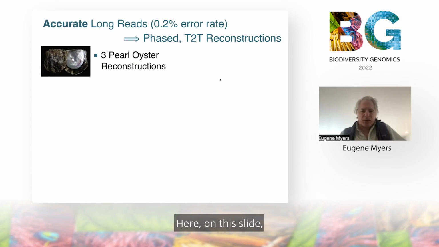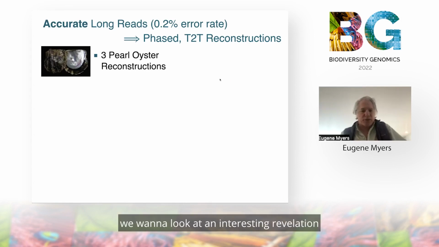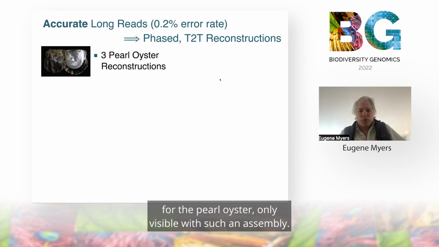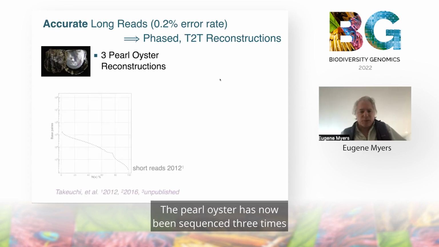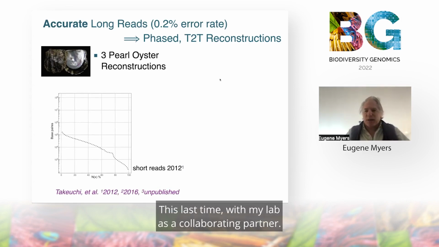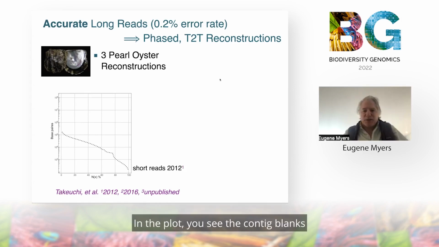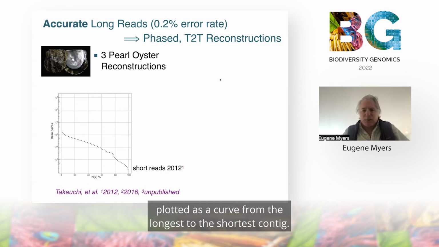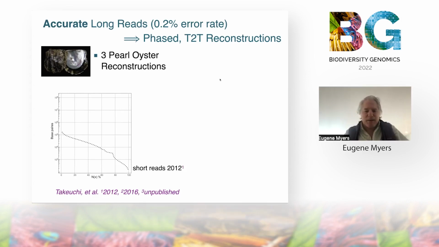Here on this slide, we want to look at an interesting revelation for the pearl oyster, only visible with such an assembly. The pearl oyster has now been sequenced 3 times by Takeshi Takeuchi in the Nori Satoh lab, this last time with my lab as a collaborating partner. In the plot, you see the contig lengths plotted as a curve from the longest to the shortest contig.